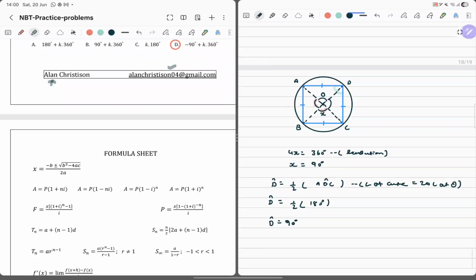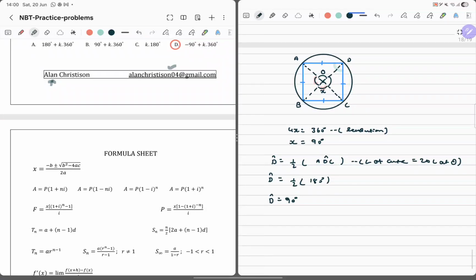Right, and of course, if you just want to use the simplest issue, this is 90 degrees, so all the angles are 90 degrees. So in this case, we know that D is equal to A is equal to B is equal to C, which is equal to 90 degrees.